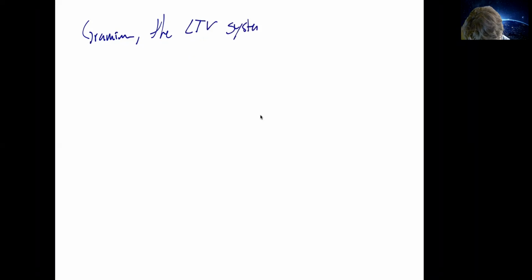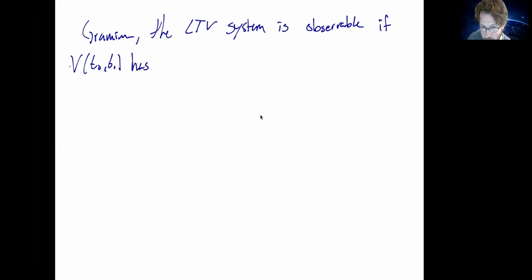The next page. The LTV system is observable if V of t0, t1 has what?